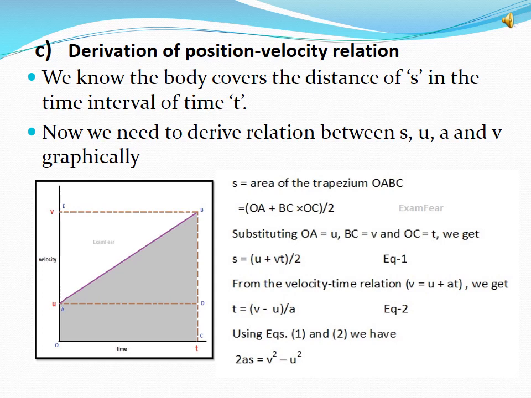Since a square minus b square is equal to (a plus b) into (a minus b), using this same mathematical property, we get s is equal to (v square minus u square) divided by 2a. Then 2as is equal to v square minus u square. Hence, we derived the third equation of motion of the body.